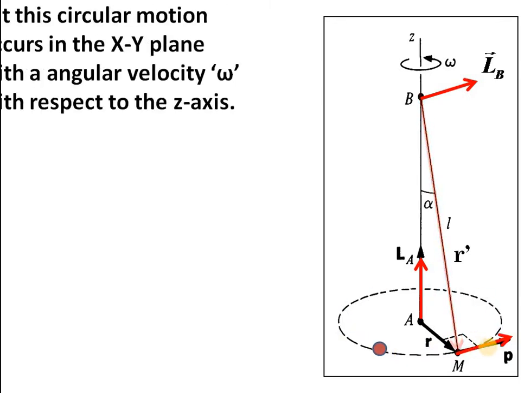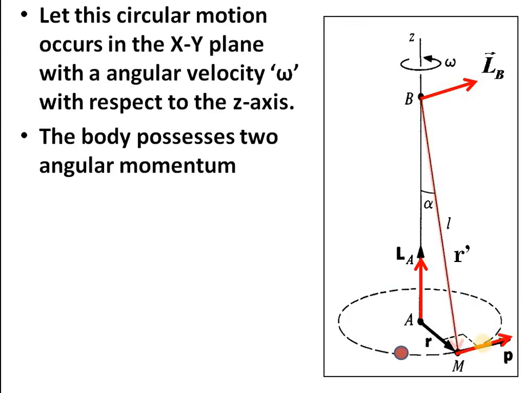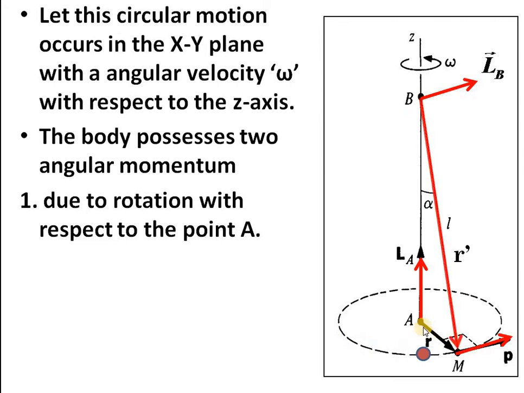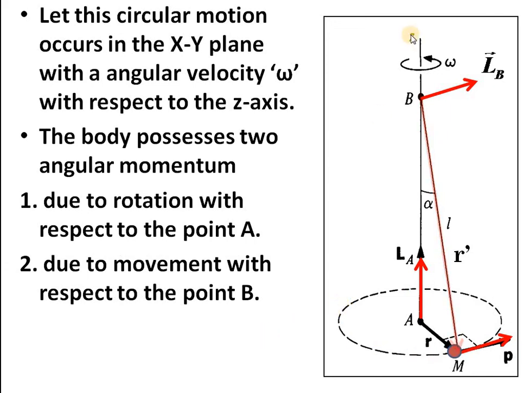One is with respect to the point A, the other is with respect to the point B. With respect to the point A, it is due to the rotation. And the second one, with respect to B, is not exactly rotation. There is some other contribution. What is the exact physics of that? We will very shortly discuss.